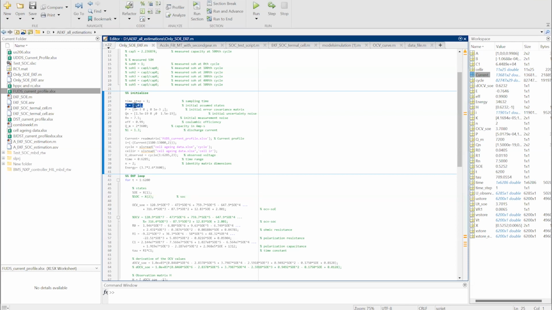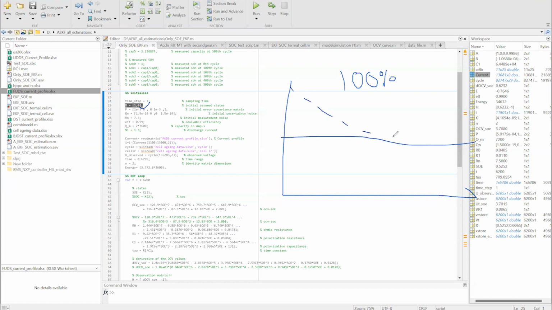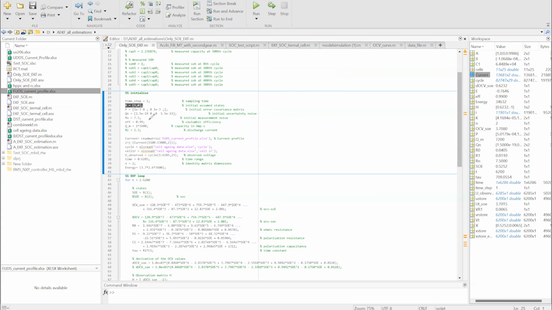So I have initialized the SOC to 100%. You can initialize with any number and it will converge to its true value. That is the beauty of the Kalman filters. And you are initializing the error covariance matrix.